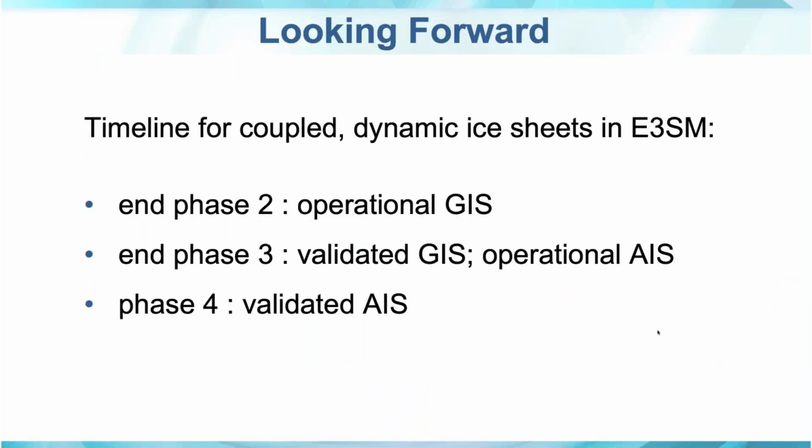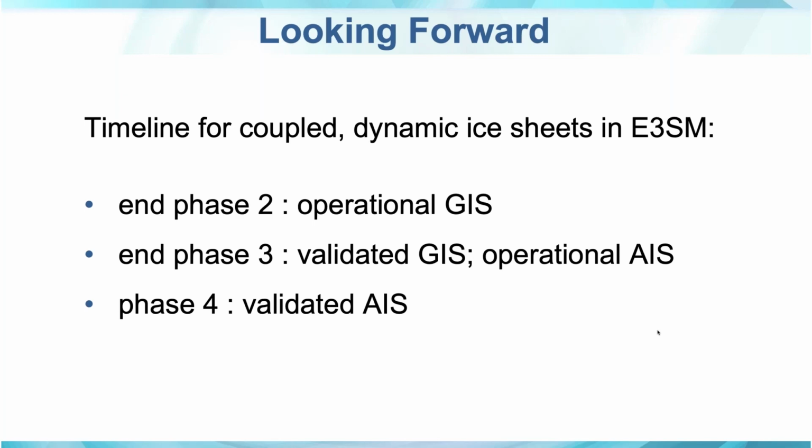Okay, so looking forward, I get this question a lot: when are we actually going to have ice sheets in E3SM? The current timeline we're working towards is that by the end of phase 2, so within a year or so, we expect that we'll have an operational Greenland ice sheet in E3SM.